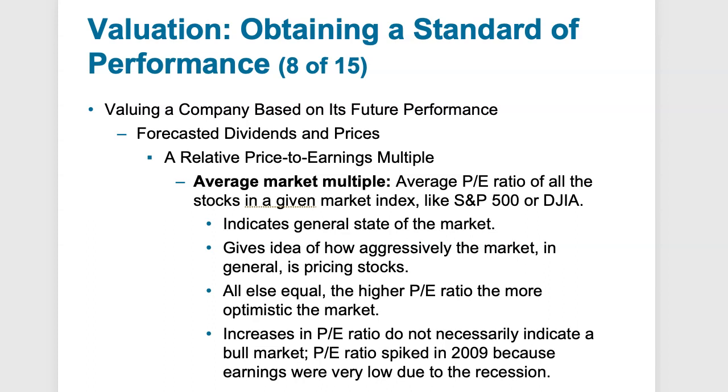So we want to get an idea of how aggressive the market is in general for pricing stocks. Everything else being the same, the higher the PE ratio, the more optimistic the stock market is. So as we're tracking the S&P 500 PE multiple, if we put it on a chart, we get an idea of how things are changing over time.